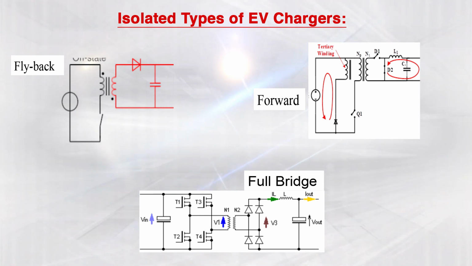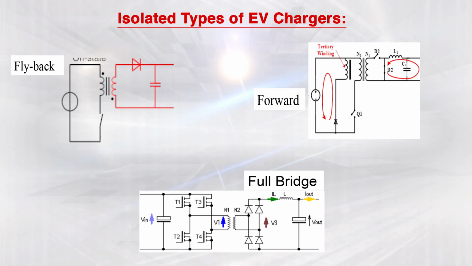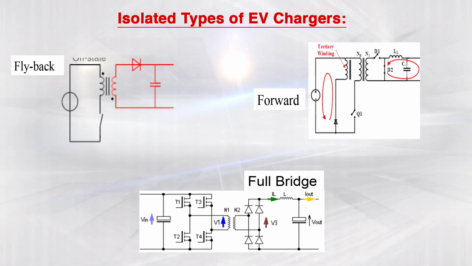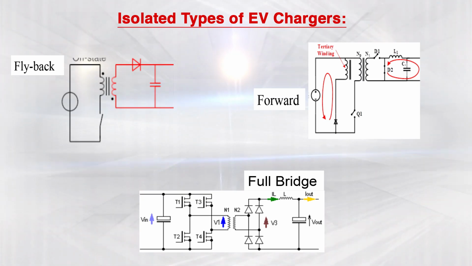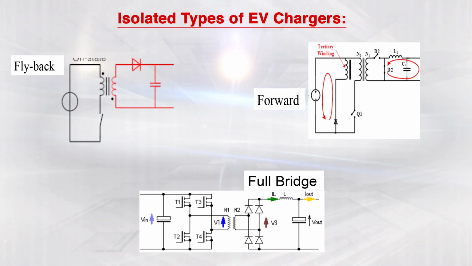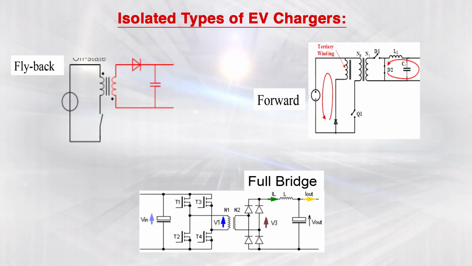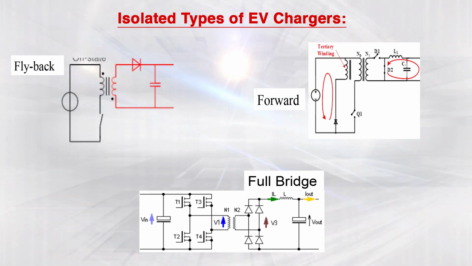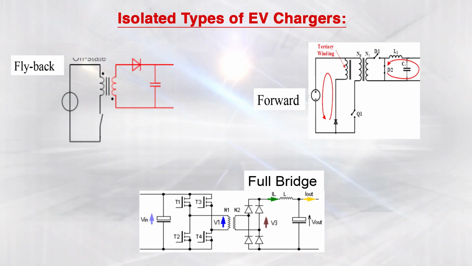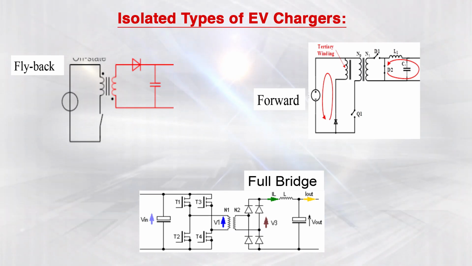In many applications people are going for a higher switching frequency, so that the size of the transformer can be reduced. And simple operation as a converter, which we have seen in the last slide.